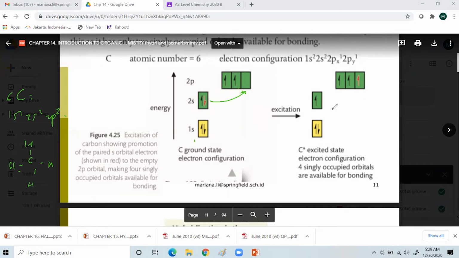We call this the excitation process. After this excitation, there are 4 single electrons on carbon. But it still cannot make overlapping orbitals since the energy of 2s differs from the energy of 2p.